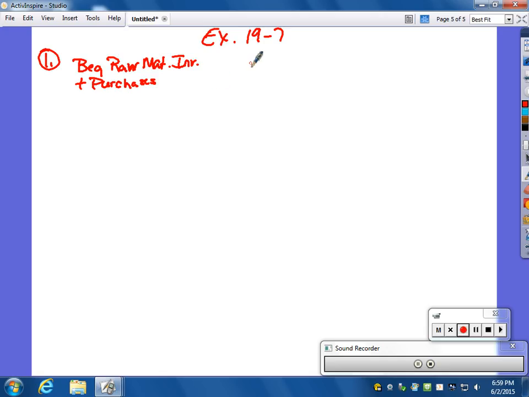What's beginning raw materials inventory? 43,000. Purchases, 210,000. And so these two added, 253,000. What is this amount? Raw materials available. All right, what's next? Ending raw materials.